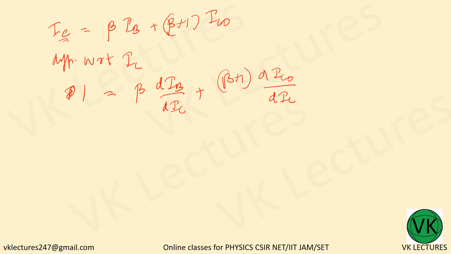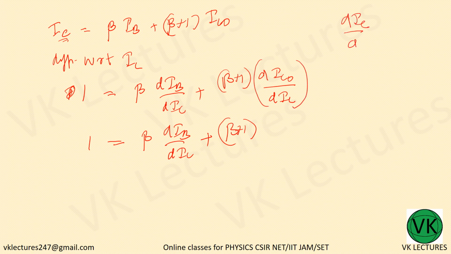Am I correct? And dIC divided by dIC naught is equal to our stability factor S. Correct? So this is beta plus 1 into 1 by S.